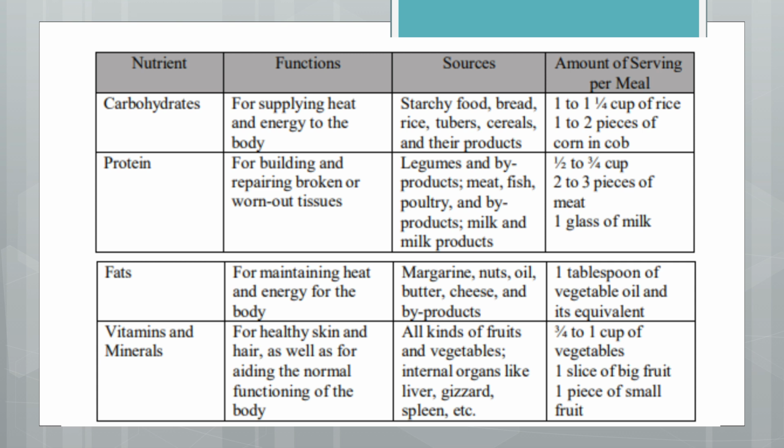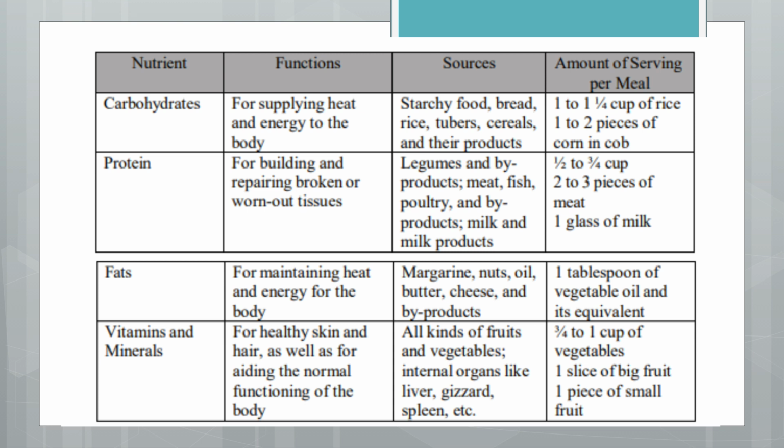So it is important that every morning, in the food pyramid, we eat carbohydrates in the morning, since in the morning we will have a lot of activities, like we go to school, we go to work. So it's important to have carbohydrates for the energy.